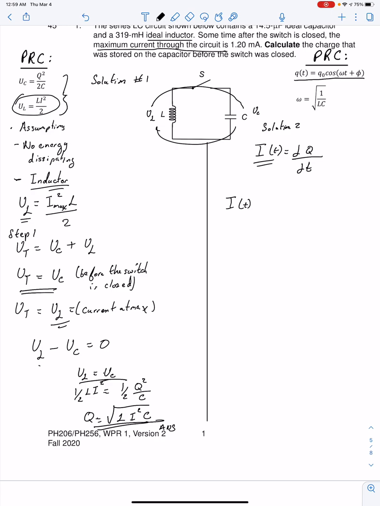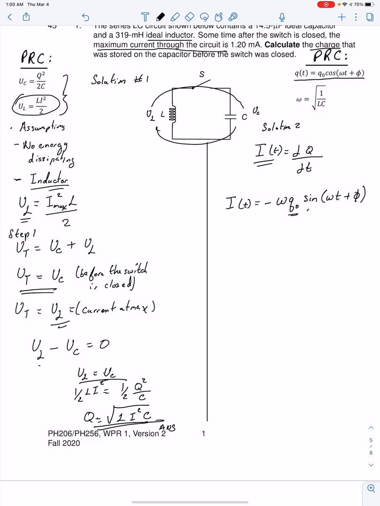then I of t will equal negative angular frequency times initial charge, right? Because that is the calculated charge of the capacitor, times sine of angular frequency times time plus the phase angle.